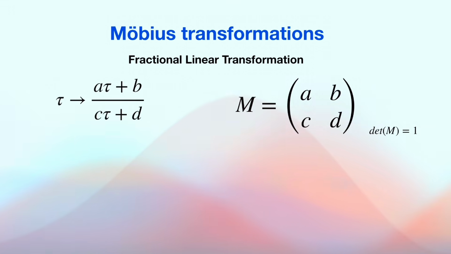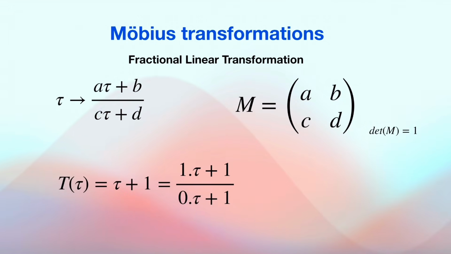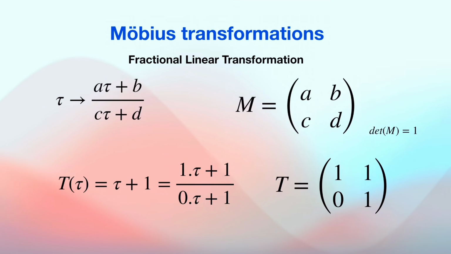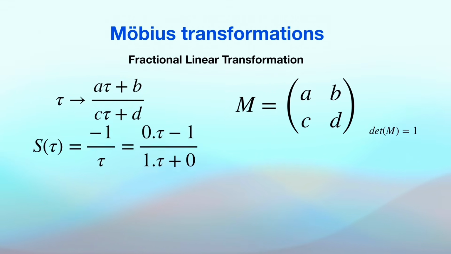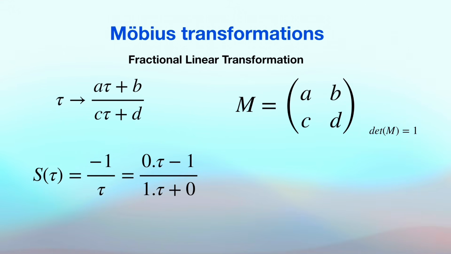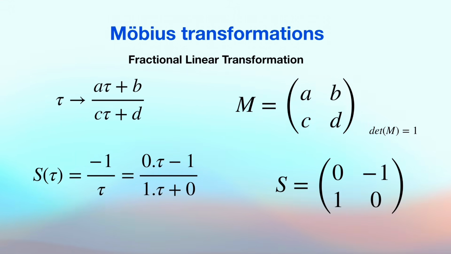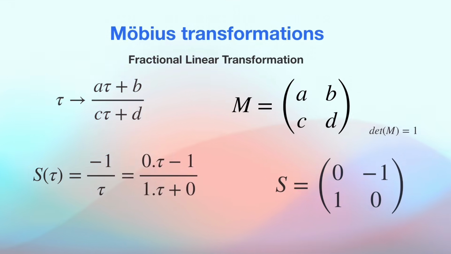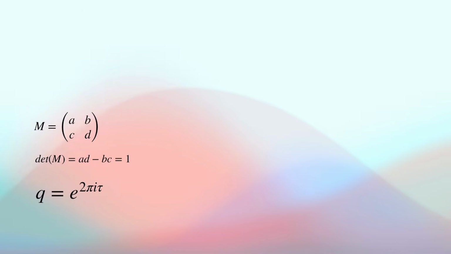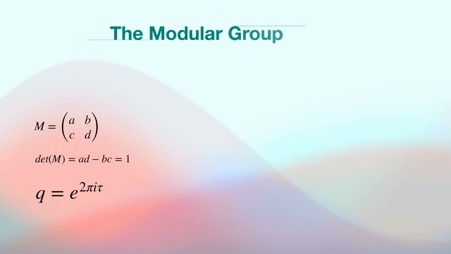So the translation can be viewed as this Mobius transform and the translation matrix given here. We can do the same for inversion. Inversion, -1 over tau, corresponds to this map and this matrix. So Mobius transformations are just fractional linear transformations where the determinant of that matrix is 1.